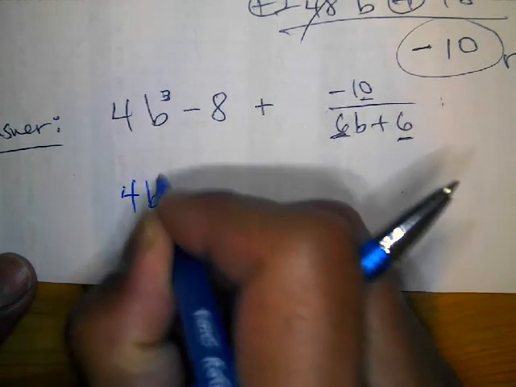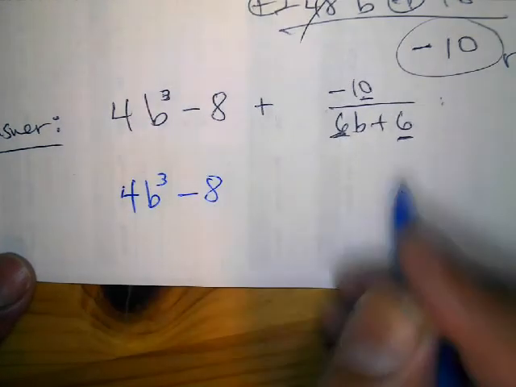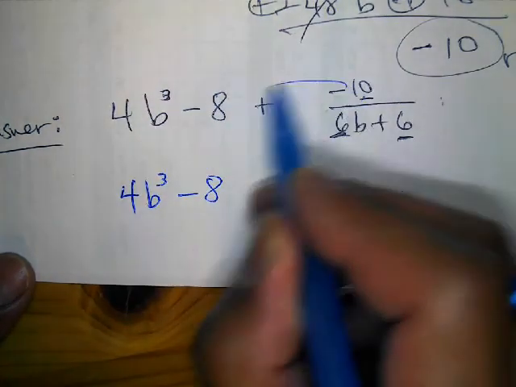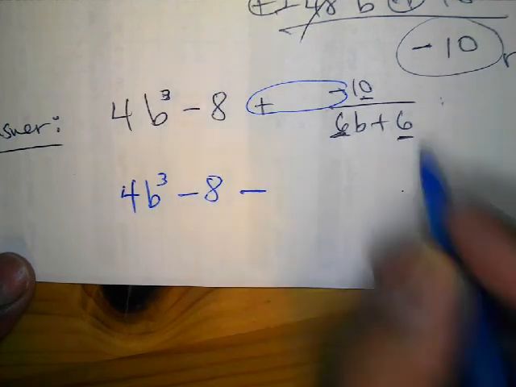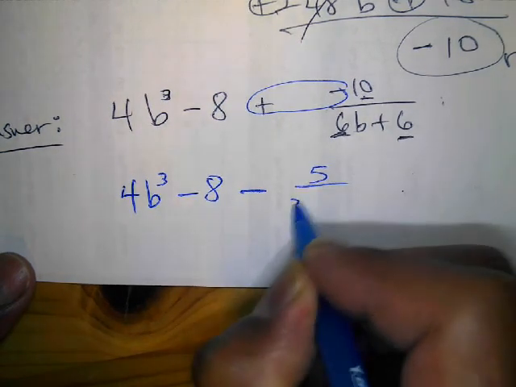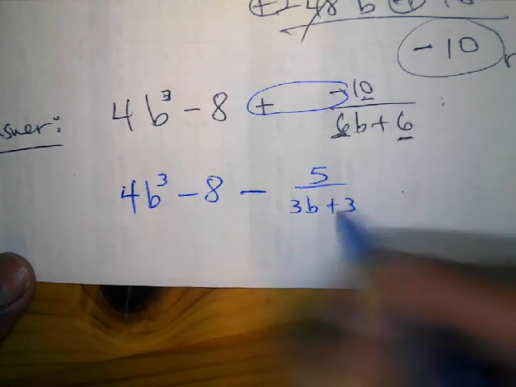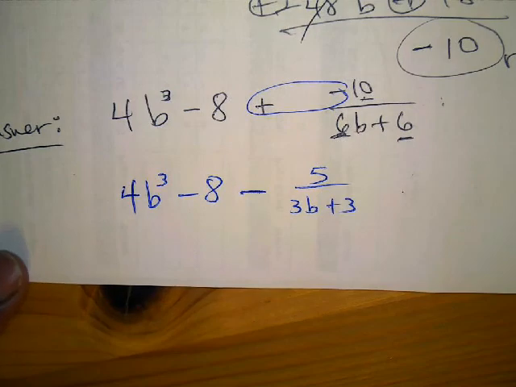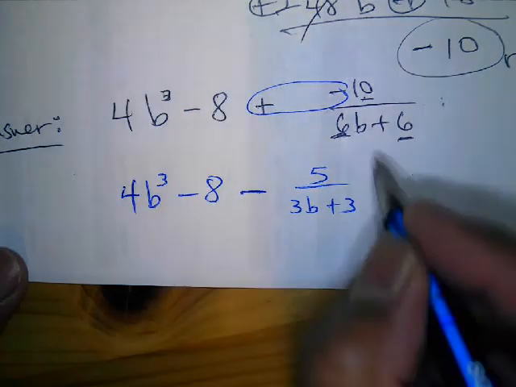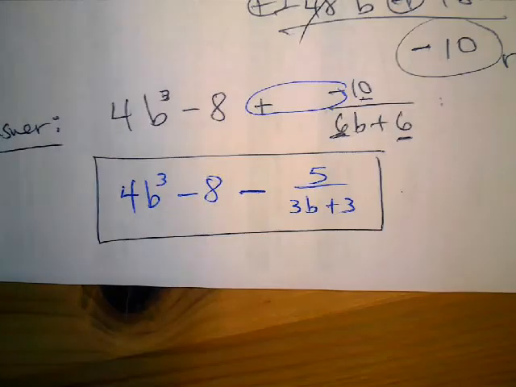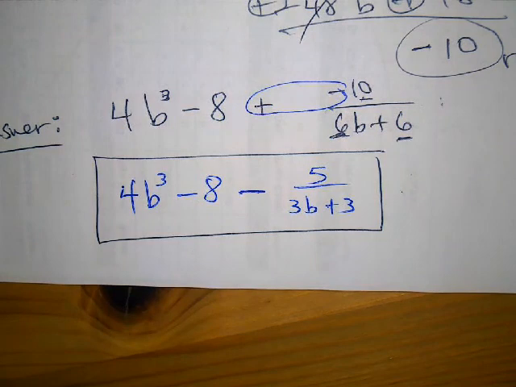So I won't really mark that wrong if it was the test, but if you see it and you catch it, I'll give you extra credit. These will be minus, I'll put a minus there, and it'll be 5 over 3b plus 3. That's how the answer is going to be.